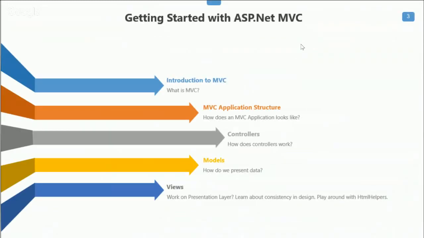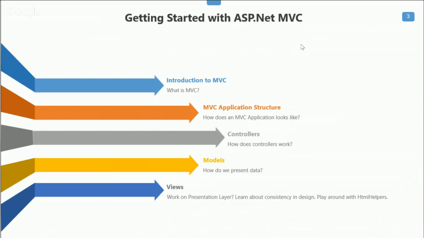So today in this chapter, these are the things that we'll be learning. First of all, we'll be learning what is MVC. Then we'll look into the MVC application structure, how the MVC web application structure looks like.